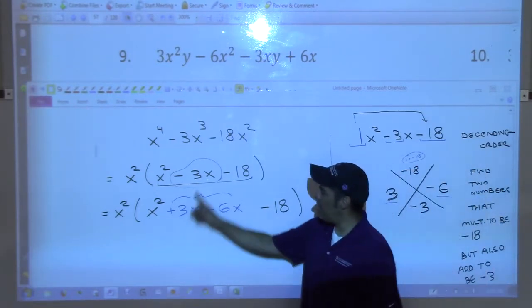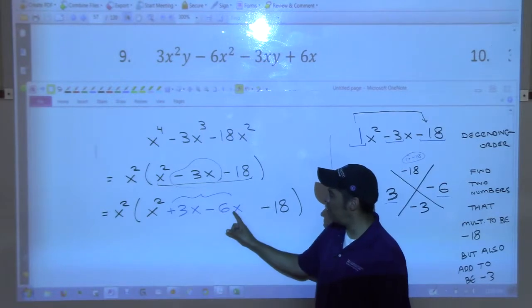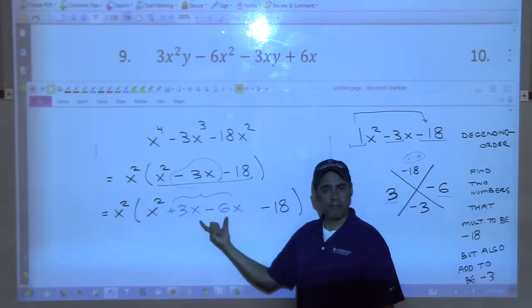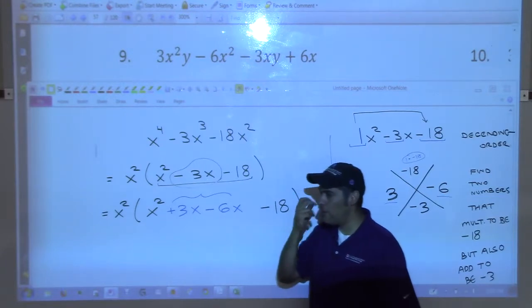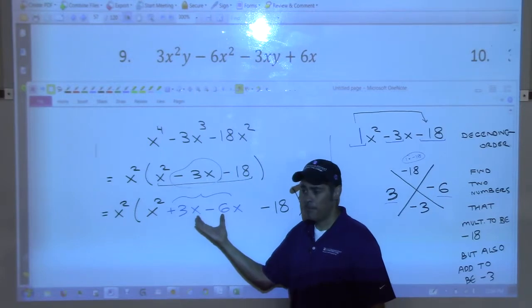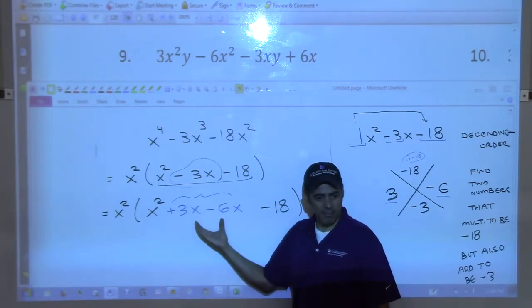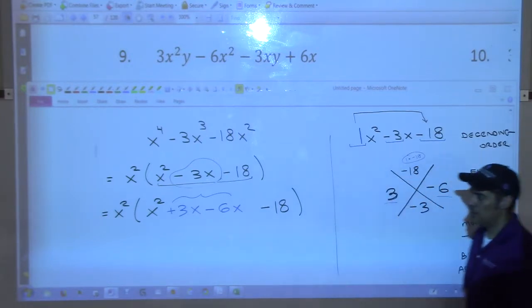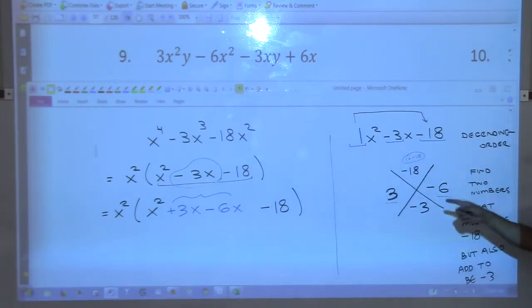Taking a 3x's and subtracting 6x's is still -3x's. Right? So I have just found a way to take -3x and rewrite it in a different way, right? But now I have 4 terms. And if we do grouping on that now, we should be able to get to the answer.